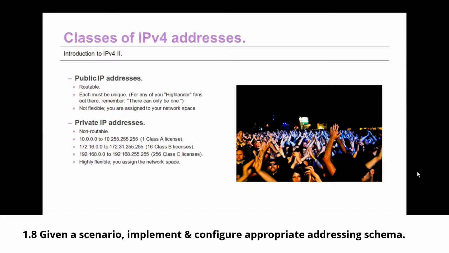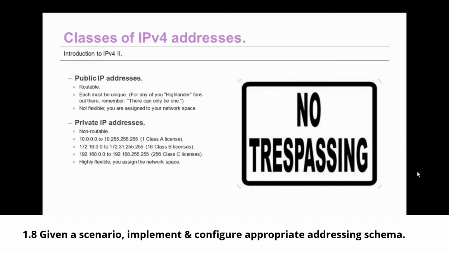Now, public IP addresses are not flexible. You are assigned to your network space. You're not really given a choice what your public IP address is going to be. And then there are the private IP addresses. These are non-routable. They do not need to be completely unique throughout the world. They only have to be unique on their network.